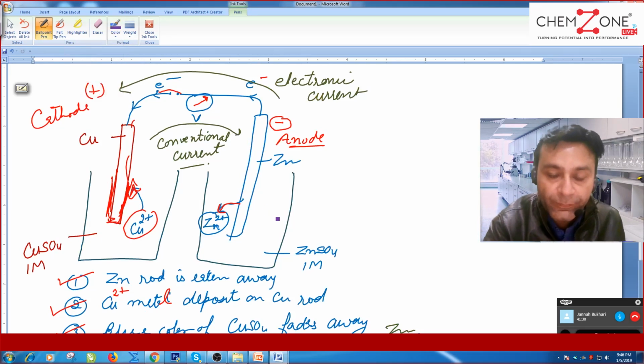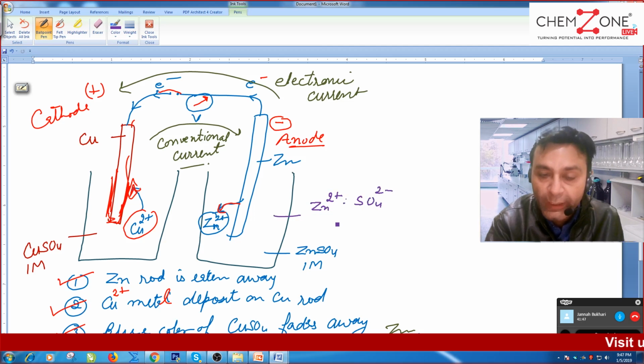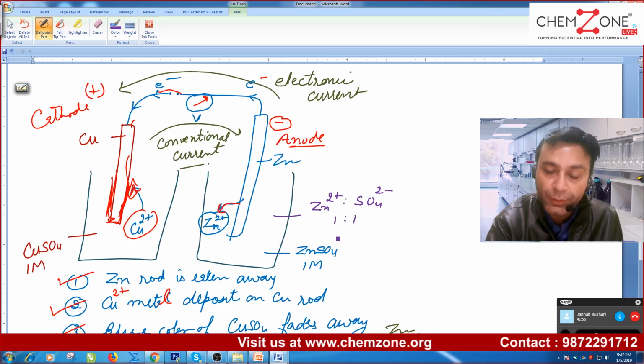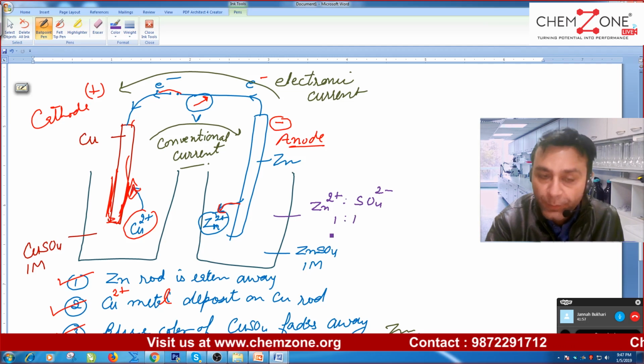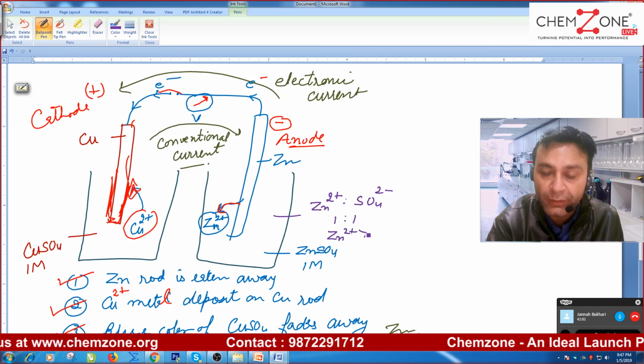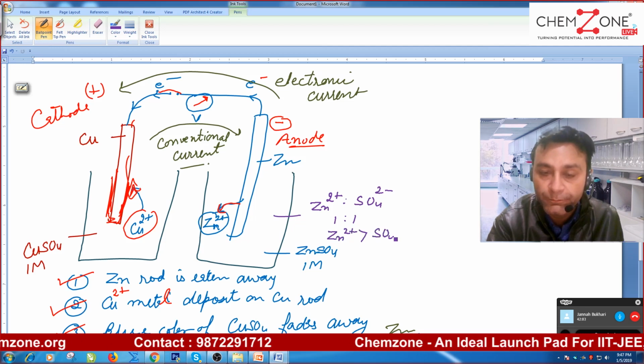The reason here is, initially the zinc ion concentration and sulfate ion concentration were equal in number, in the ratio of 1:1, when we didn't start the process. But after the process, what happened? The zinc ion concentration is increasing, but the sulfate ion remains the same.